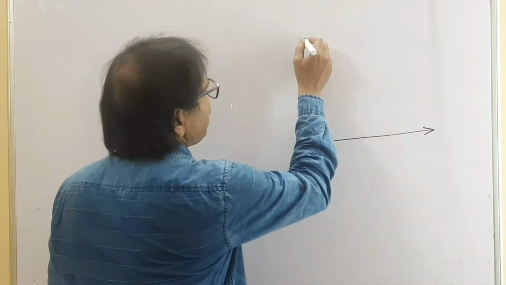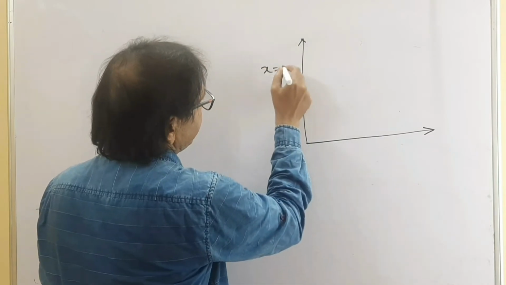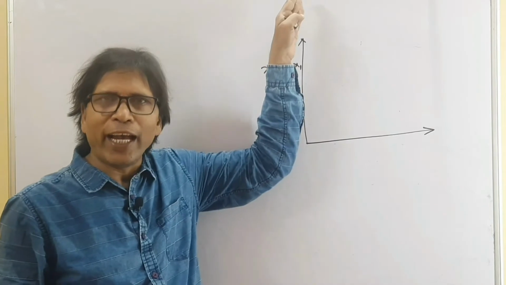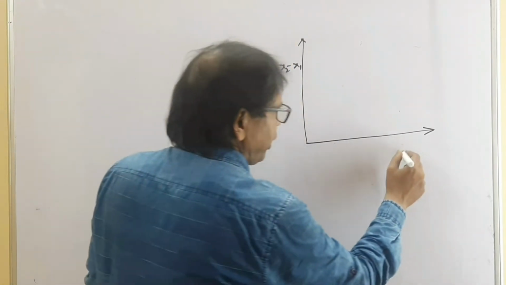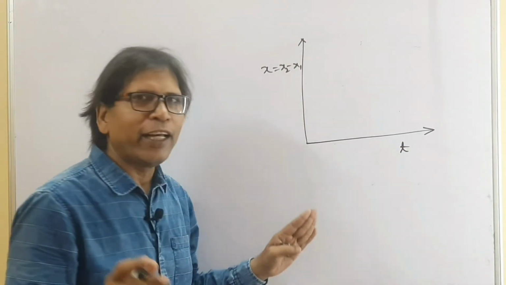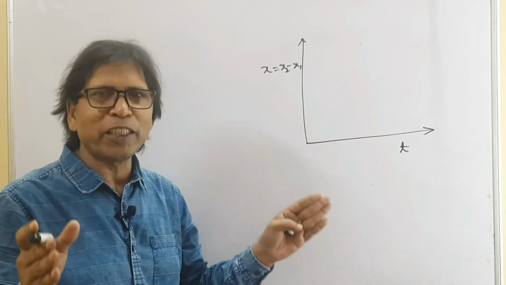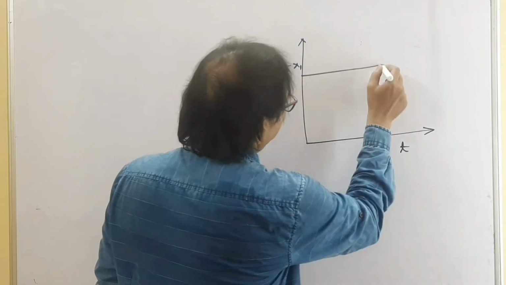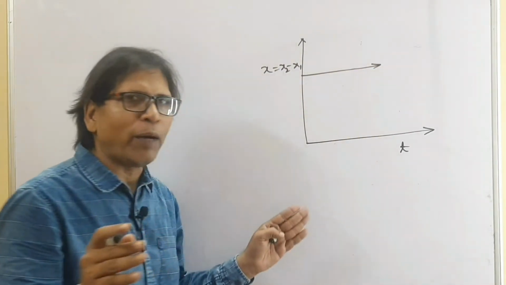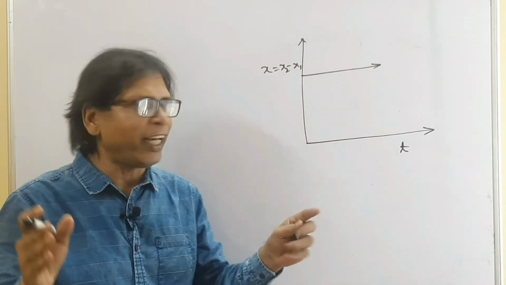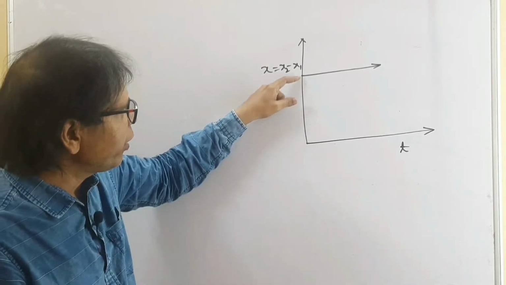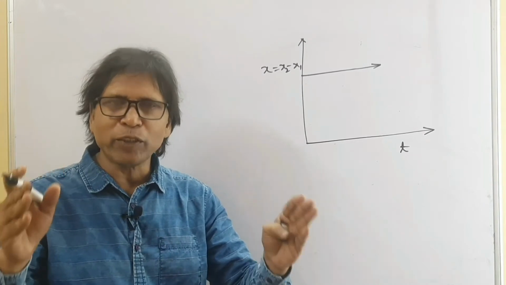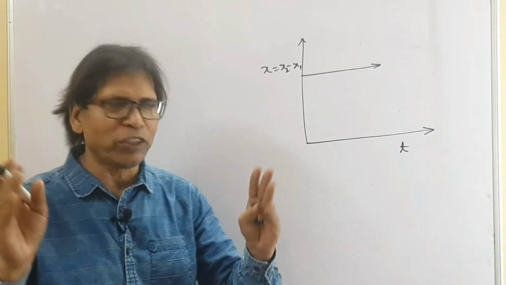Okay, if displacement of a particle x equals x2 minus x1 is taken along the x-axis and time t is taken along the y-axis, then it is called a displacement time graph. Now look at this line, it represents the displacement time graph of a stationary body, because the position of the body remains the same, that is x2 minus x1 is equal to 0.